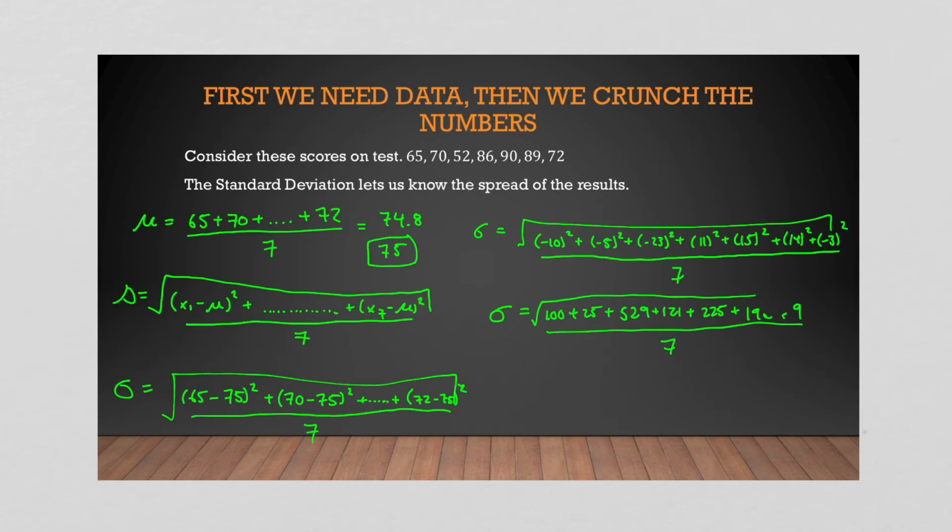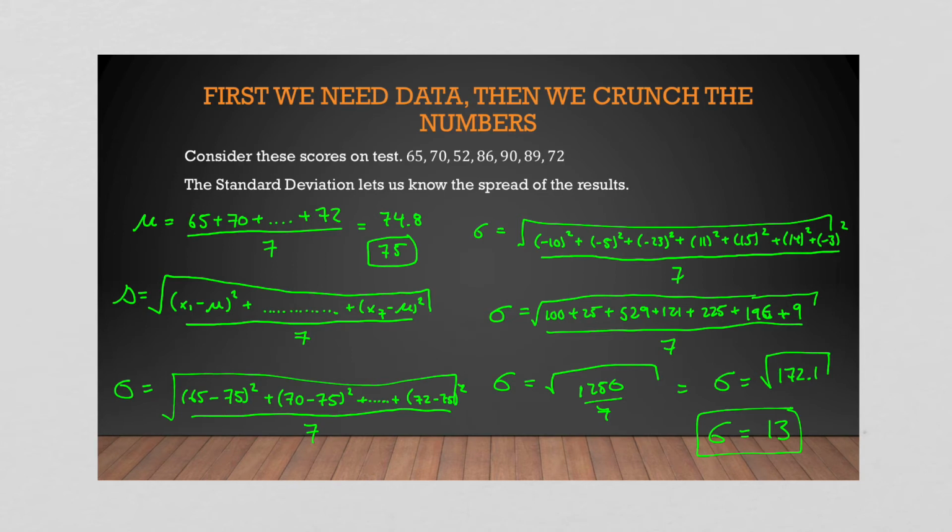So you can see this is a really tedious equation, which is why we're only going to crunch this a few times. So then for my standard deviation, I add all those numbers up, and I get 1205 over 7, which gives me the standard deviation is the square root of 172.1, which gives me 13.1, which I will round to 13.